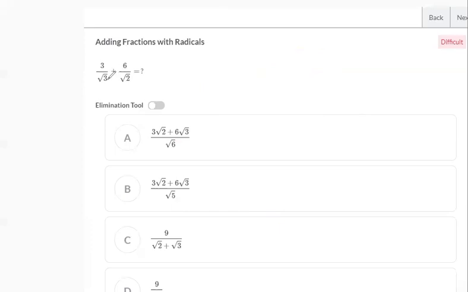Okay. So instead, I'm going to multiply the first fraction by root 2, and I will multiply the numerator as well. Let's see what's going to happen. Plus I will just write the same as the second one, which is going to be 6 over root 2, and I will multiply this by root 3 and divide by root 3, which is basically 1.